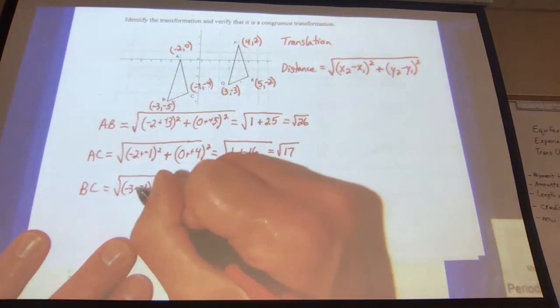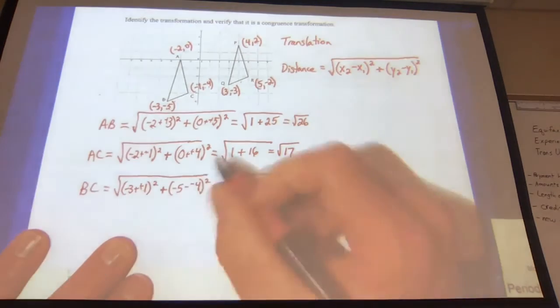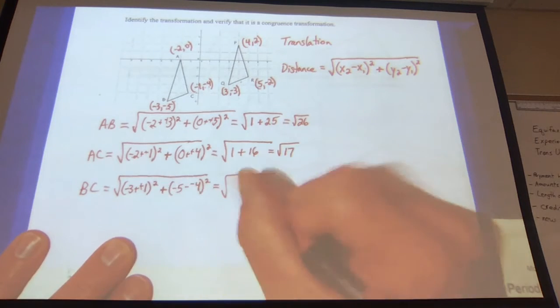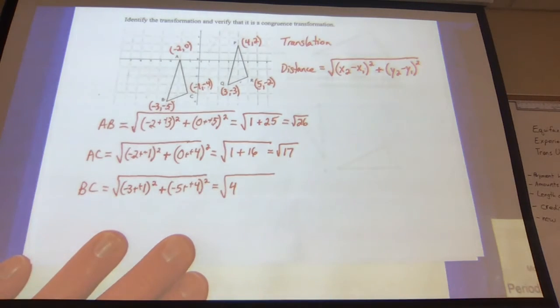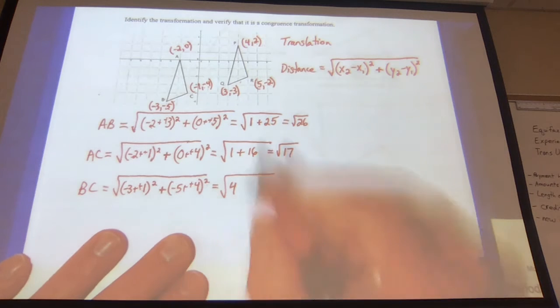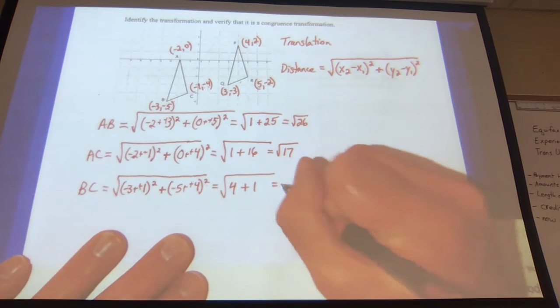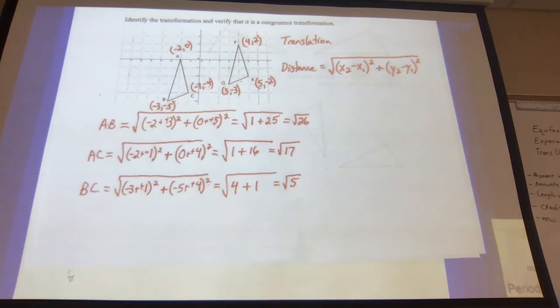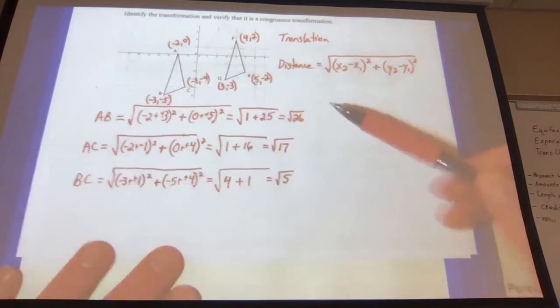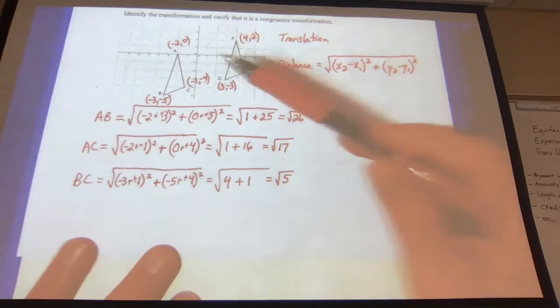Bunch of double negatives again, so we'll take care of those. -3 plus 1 is -2. -2 squared is 4. -5 plus 4 is -1. -1 squared is 1. Add those up, we're at the square root of 5. We just found all 3 sides of the first triangle.